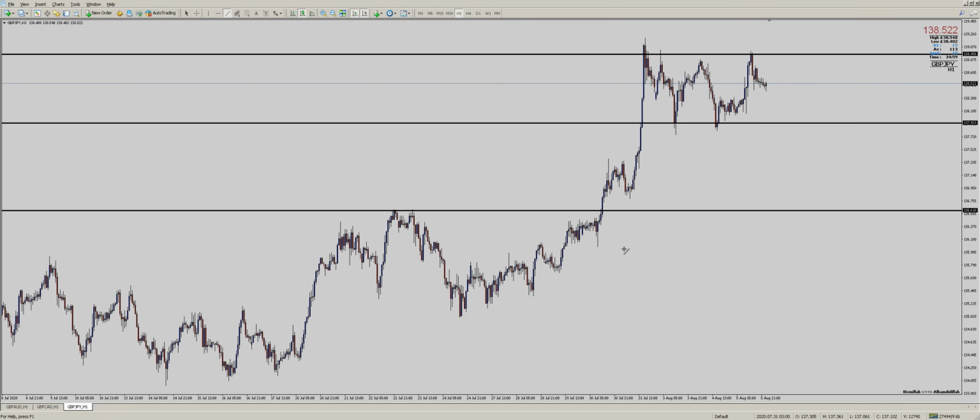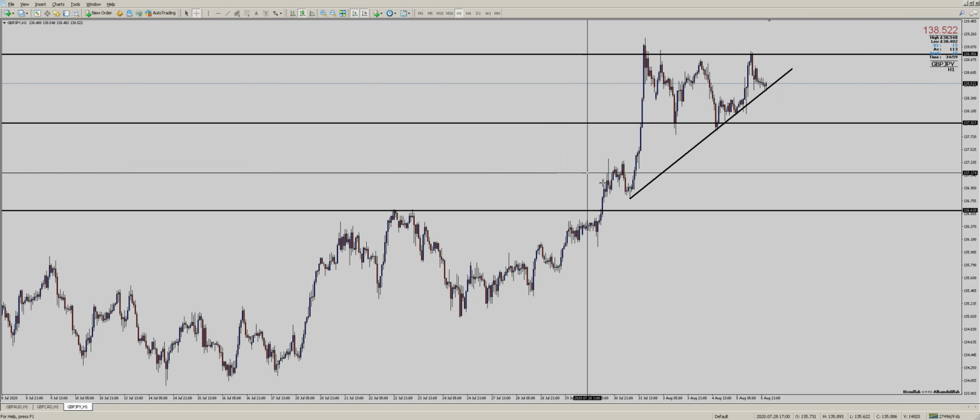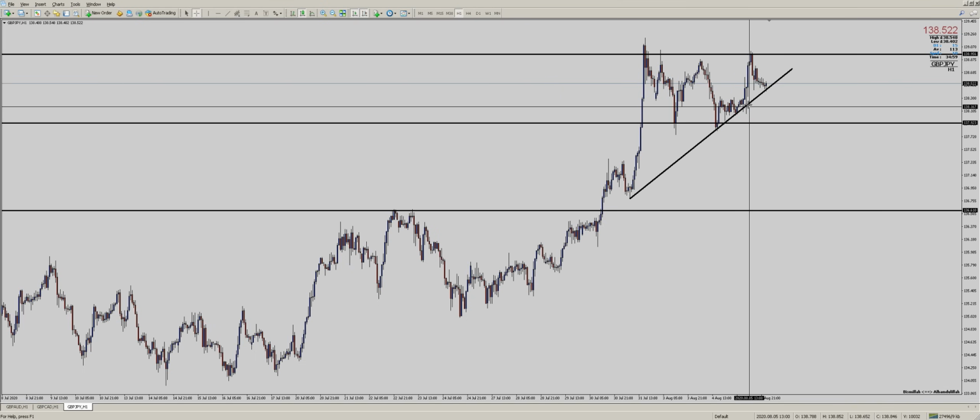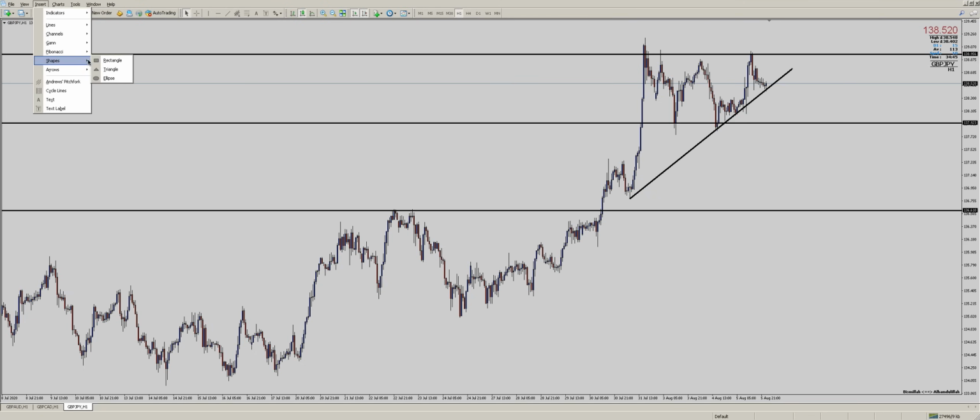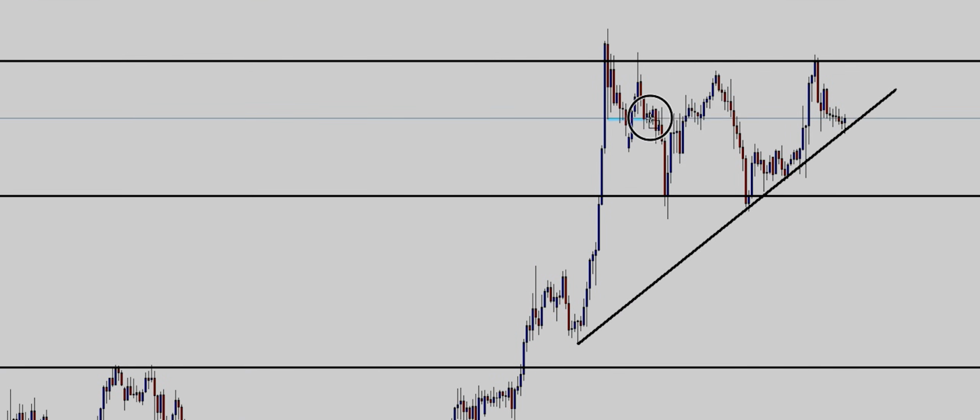Let's see if we can put a trend line on here. Okay, so we have a trend line. First touch, second touch, third touch, multiple touches here, and they touched it again today. Now all we have to do is set a zone within a zone. Get your rectangle, and I find this level interesting.